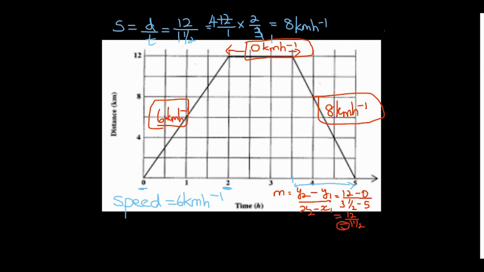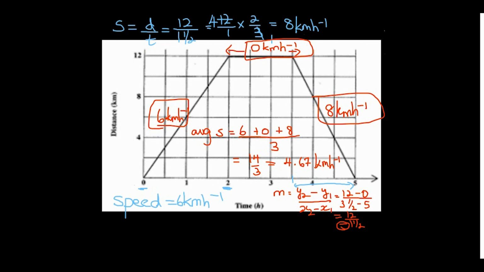So in this case, we're going to add, so average speed is 6 plus 0 plus 8 over 3. So you'll get 14 over 3, which is 4 point recurring decimal, 4.67 kilometers per hour. Alright?